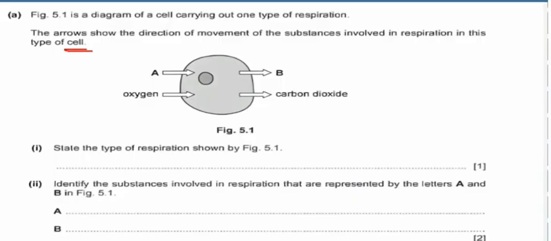But when anaerobic respiration occurs in other living organisms, like during brewing or during the manufacturing of alcohol, what is going to be produced? Alcohol and carbon dioxide. Right? So the type of respiration here is just going to be aerobic respiration.